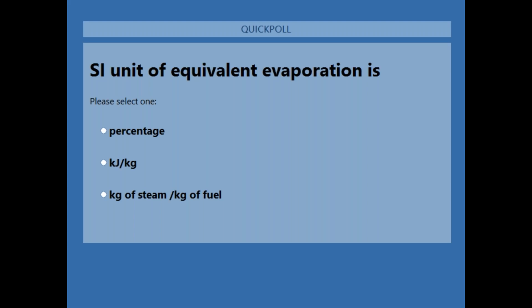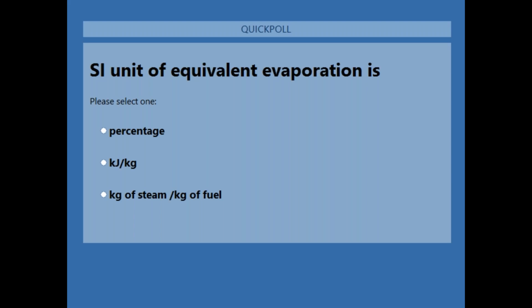Unfortunately, the answers are not very encouraging. The majority of the class have not understood this concept of equivalent evaporation. About 50% of the students are saying that the unit of equivalent evaporation is kilojoules per kg.